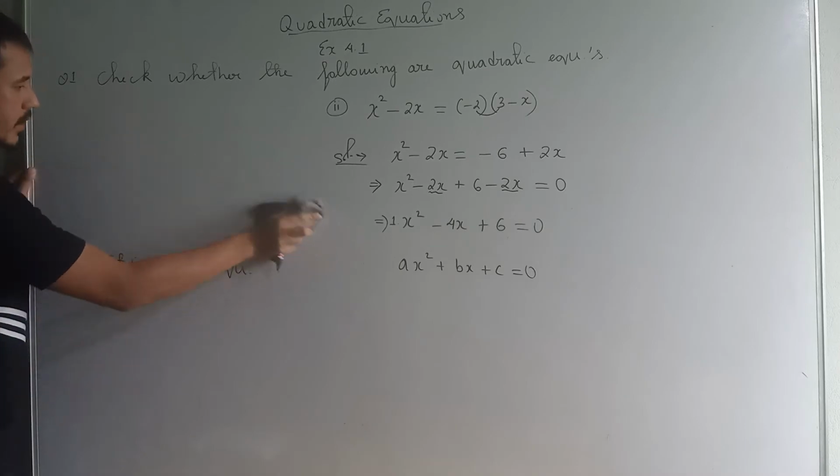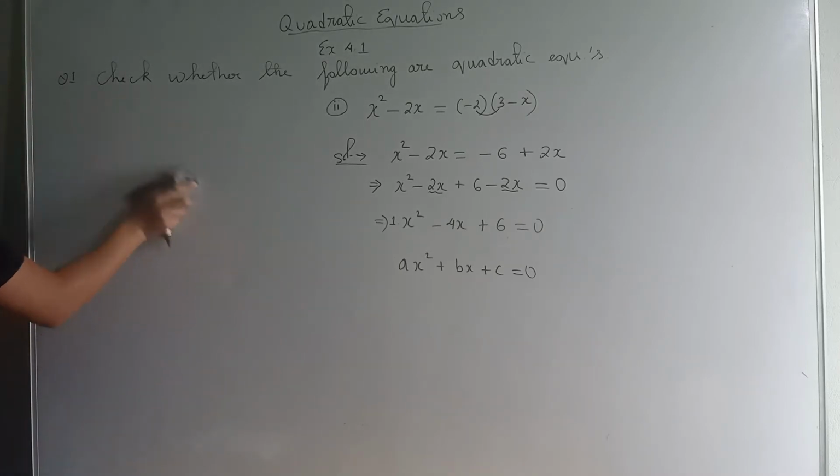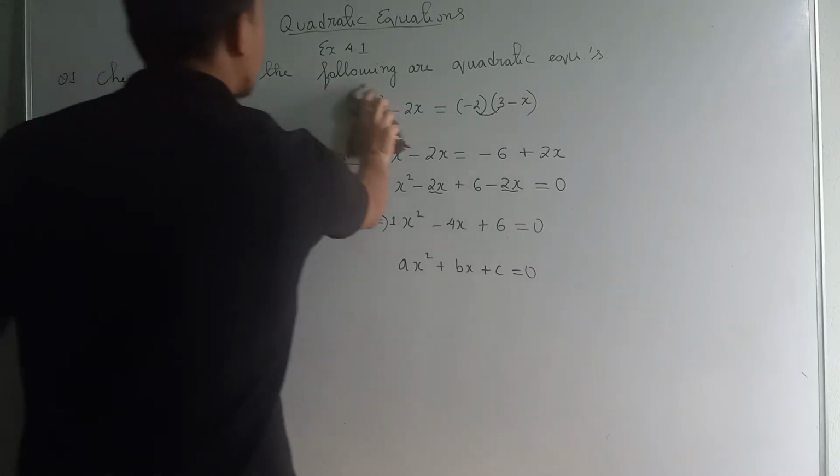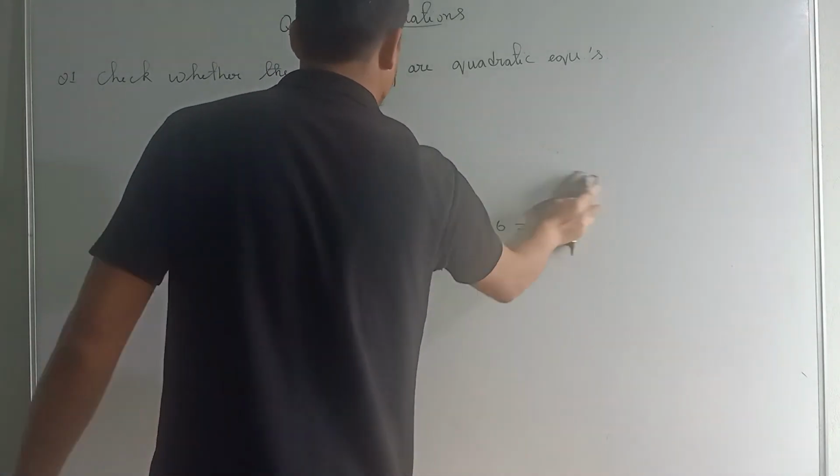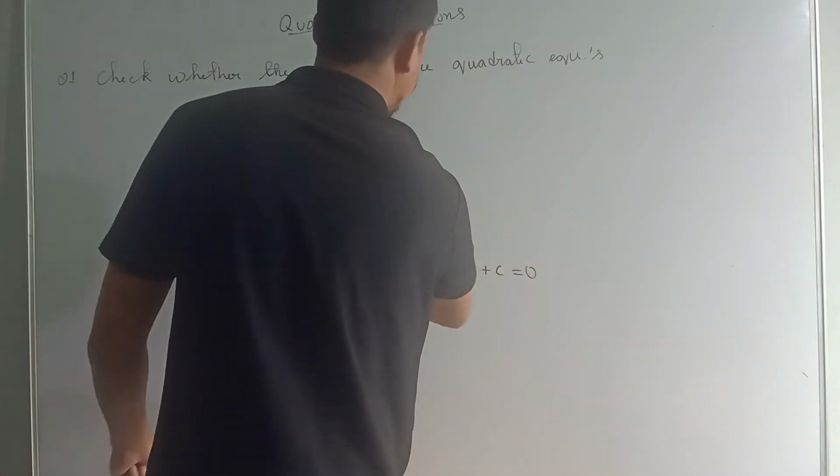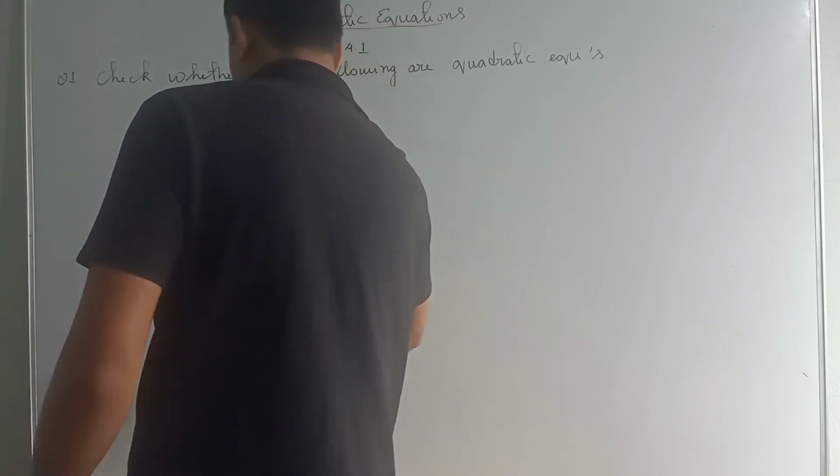Let us proceed with the next one, the third one, Roman number 3, question number 1. We have x minus 2 times x plus 1 is equal to x minus 1 times x plus 3.